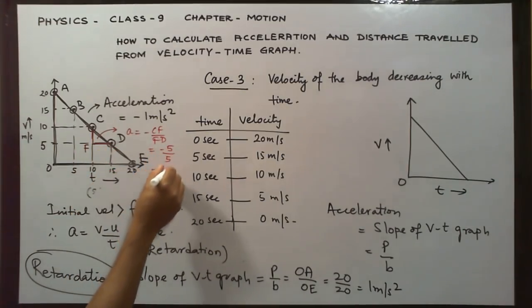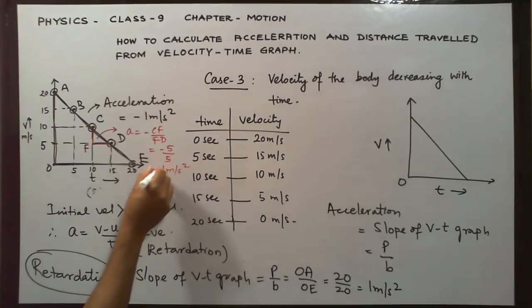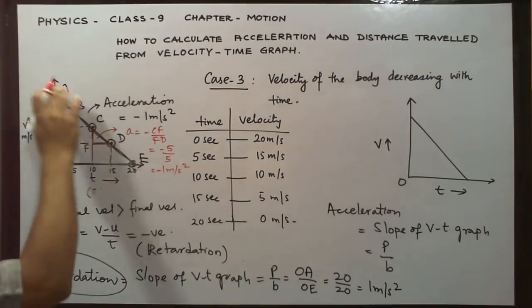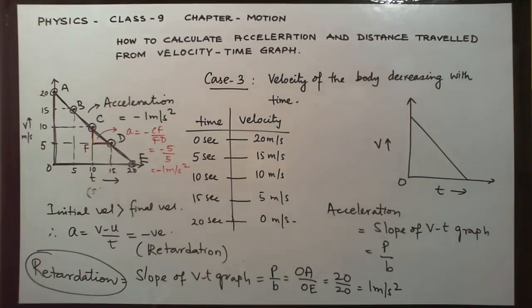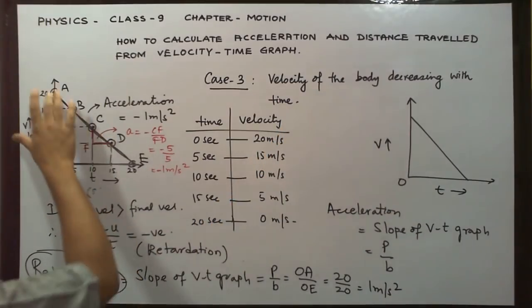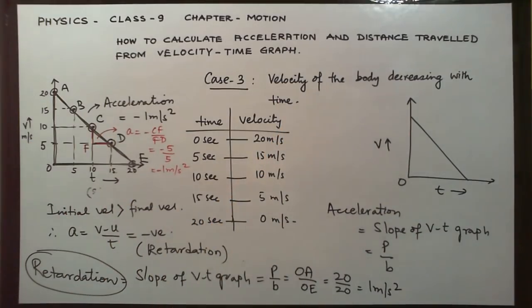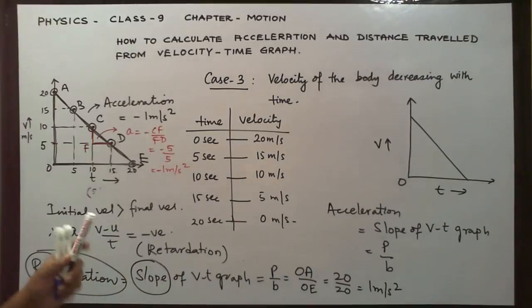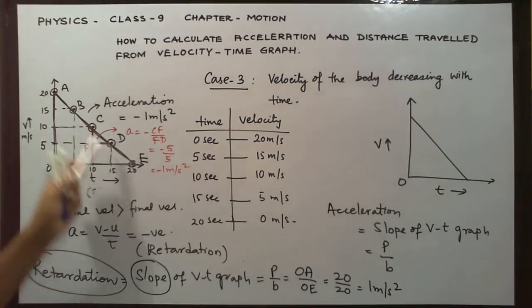So we get 1 meter per second square, which is negative. So this is the way we find out the acceleration of the body from the velocity time graph, where the velocity of the body is decreasing with time. It's the same way, we find out the perpendicular by base, or we find out the slope of the v-t graph.